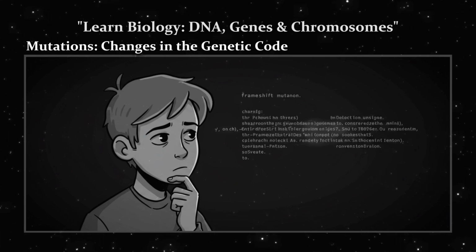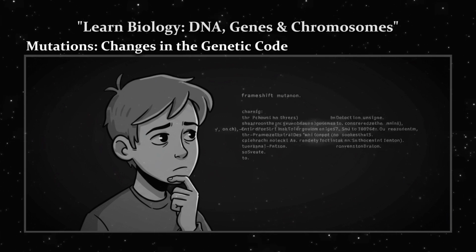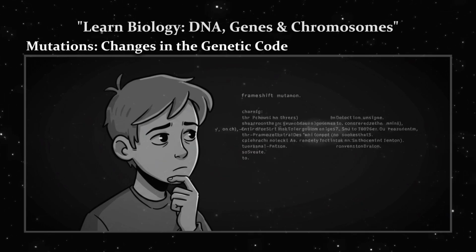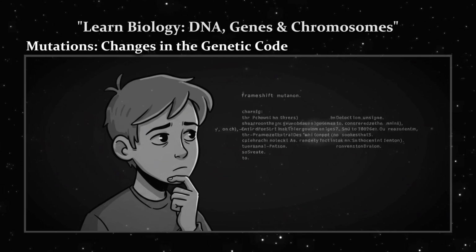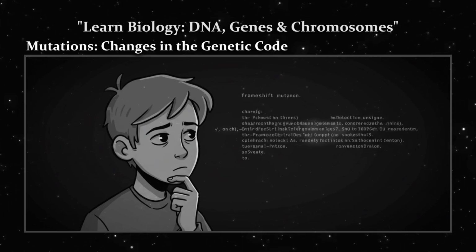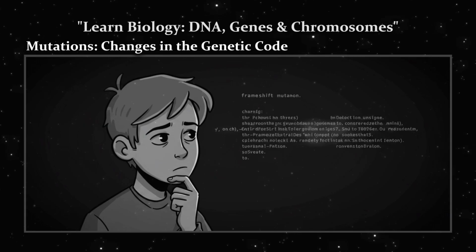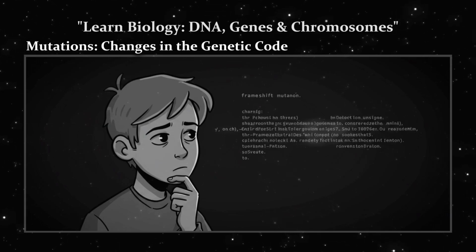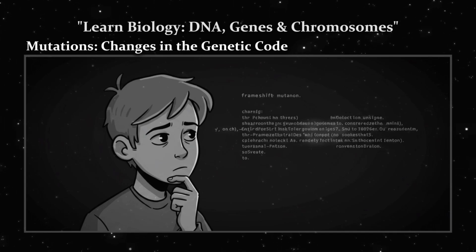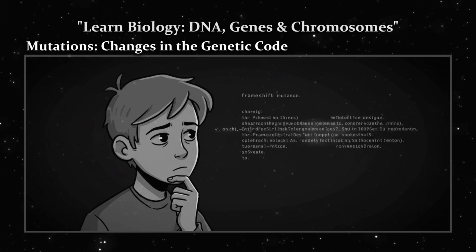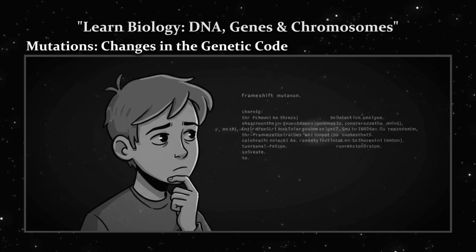A random typo might slightly change a protein's shape in a way that allows it to work better in a new environment. A bacterium might gain a mutation that makes it resistant to an antibiotic. A plant might gain a mutation that allows it to survive a drought. A human, thousands of years ago, gained a mutation that allowed them to continue digesting lactose, milk sugar, into adulthood.